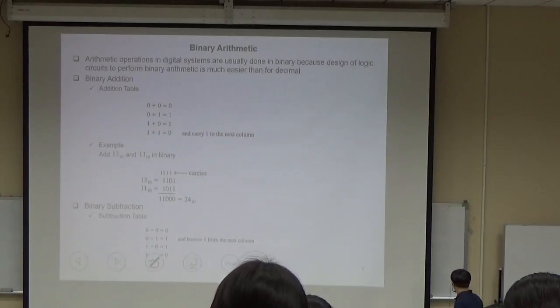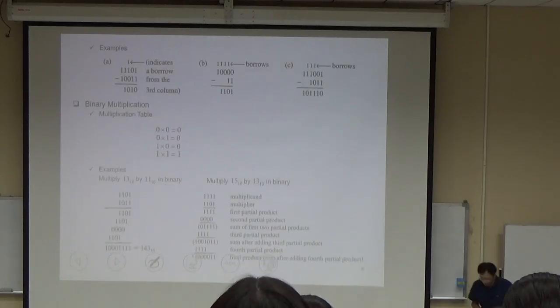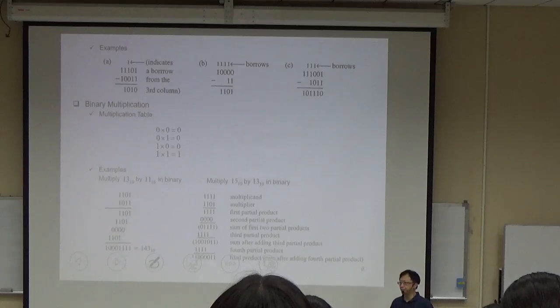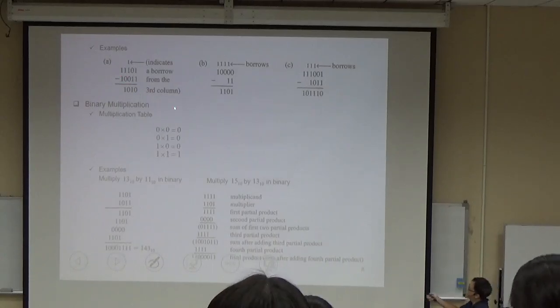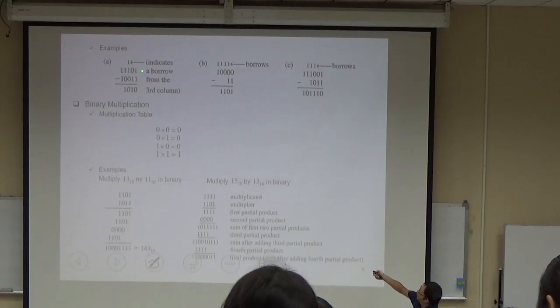Okay. So right here we see an example of how we can perform binary subtraction for two numbers. There's the number 11101 and 10011. We perform the subtraction right here. 1 minus 1, from the table, we get 0.